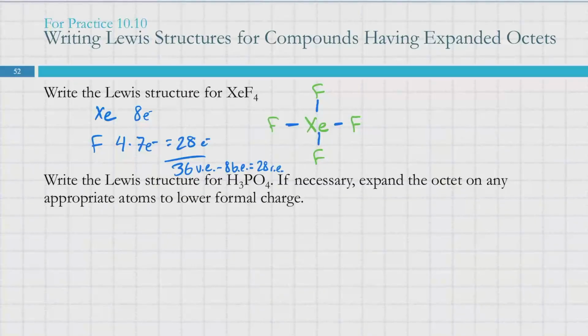remaining electrons. How many more electrons can we put on each fluorine? It's a number between 0 and 8.